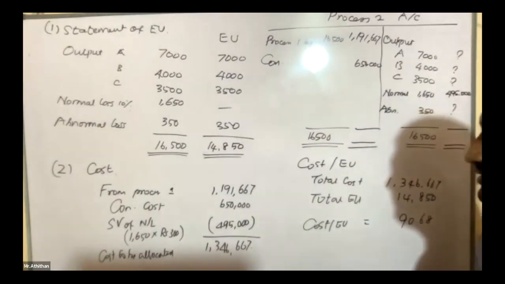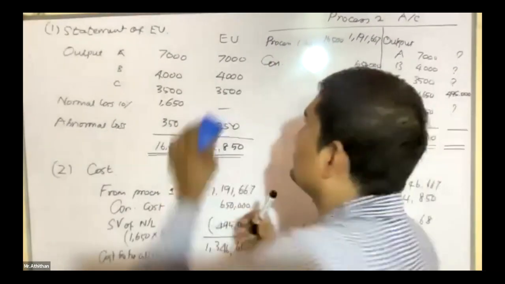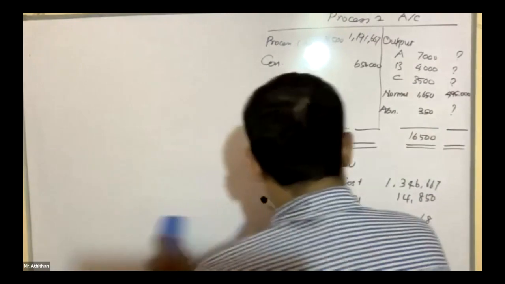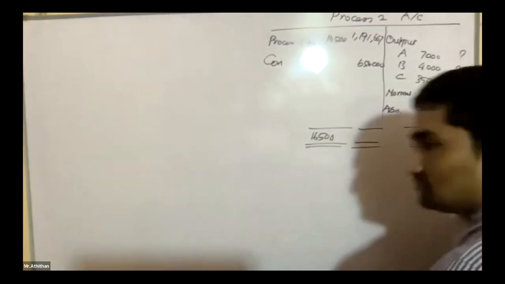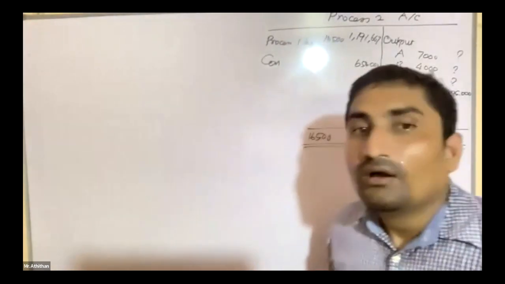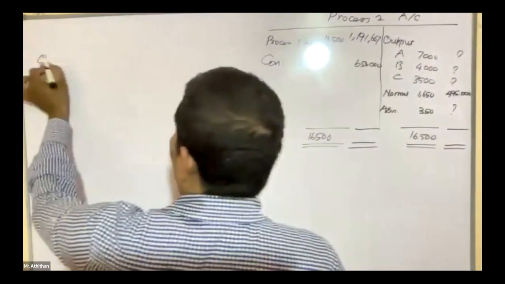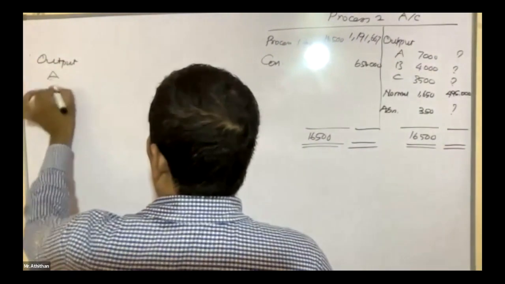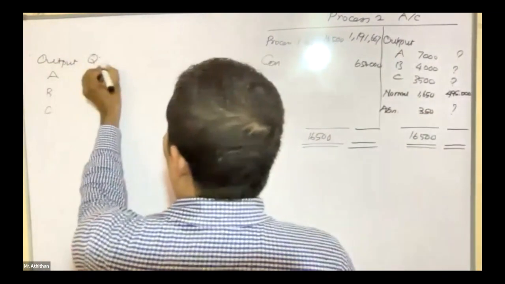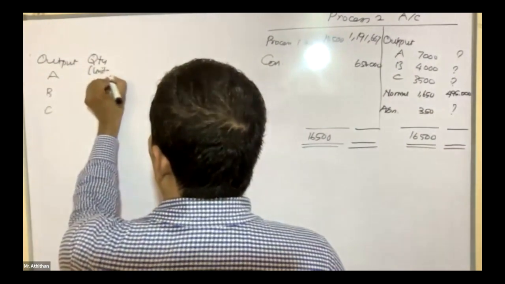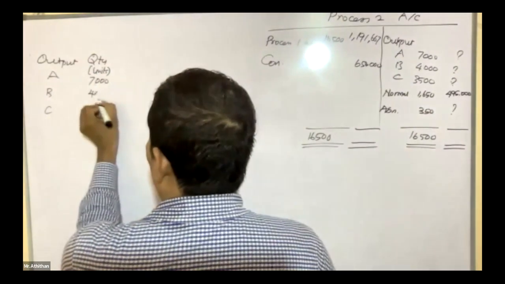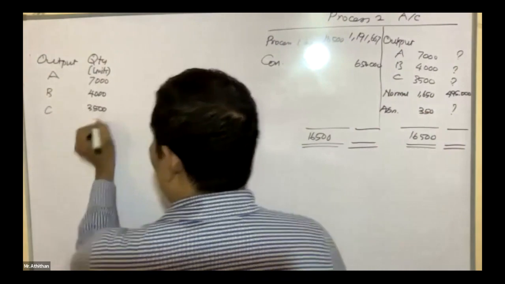Others, we need to do the calculation. So I'll remove this part. Now we will do the calculation for other areas. We have product A, B, C. Output A, B, C. We know the quantity in units: 7,000, 4,000, 3,500.